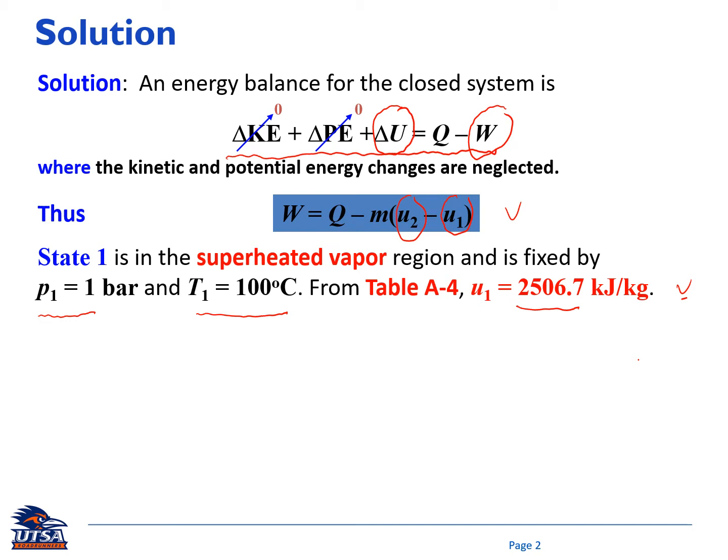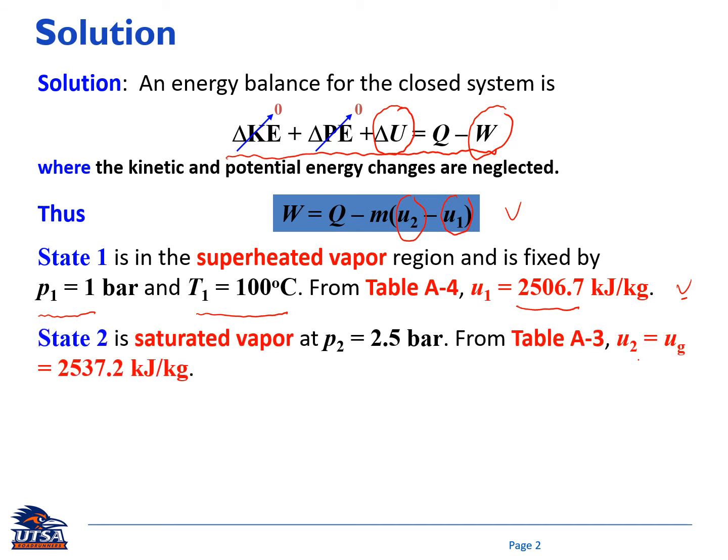And then the next one is to get data for u2. State 2 is saturated vapor at 2.5 bar. For saturated properties based on the pressure, you need to use table A3. So now go to table A3, saturated vapor.